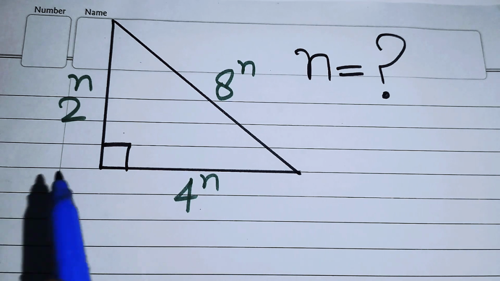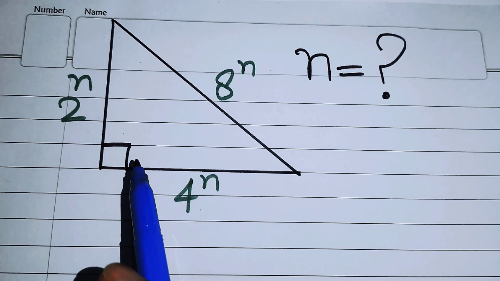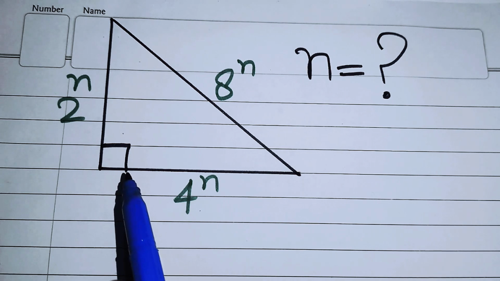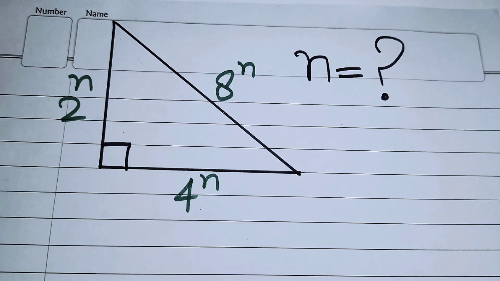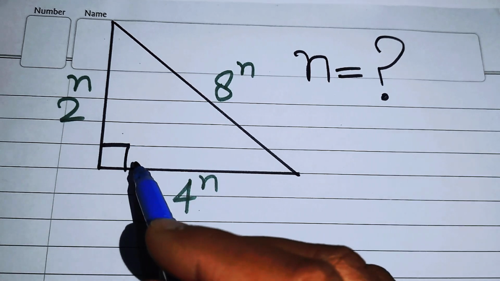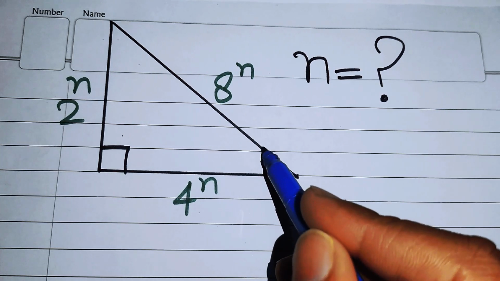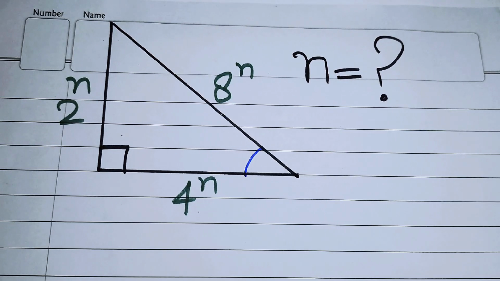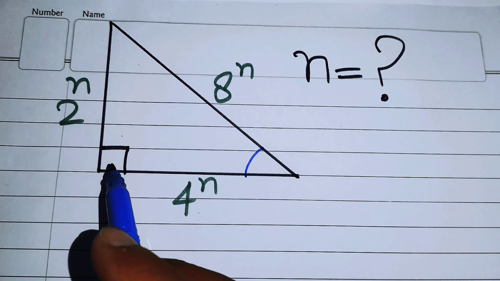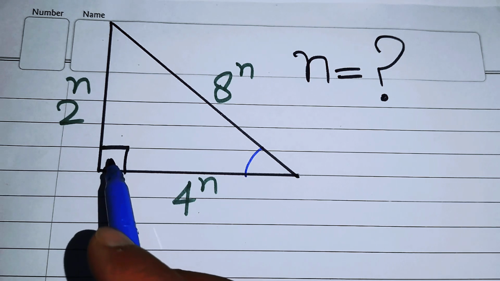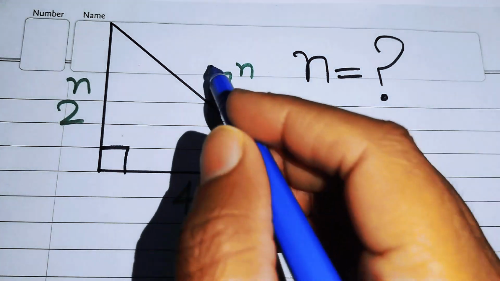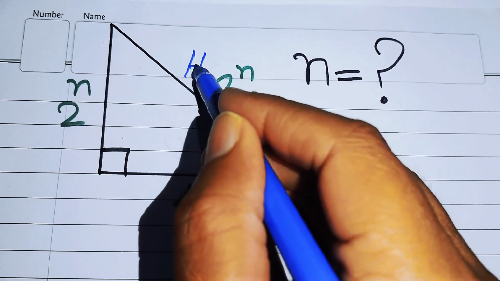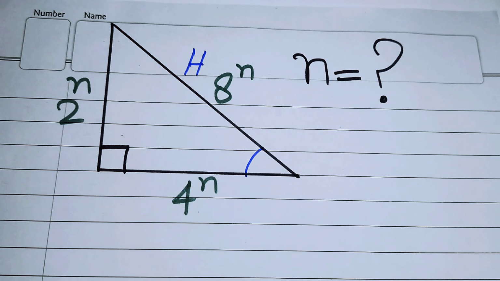So here you remember this is a right triangle, and we use the Pythagorean theorem here. The Pythagorean theorem holds in the right triangle. If I suppose that this is any angle, and this is the right angle, then the side opposite to the right angle is known as the hypotenuse, and we denote it by h.